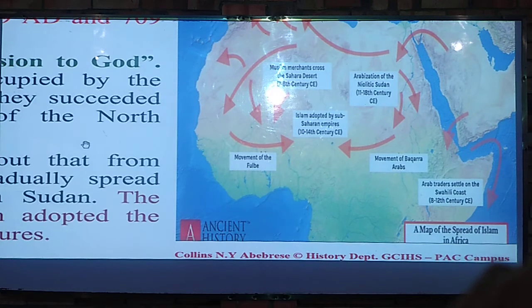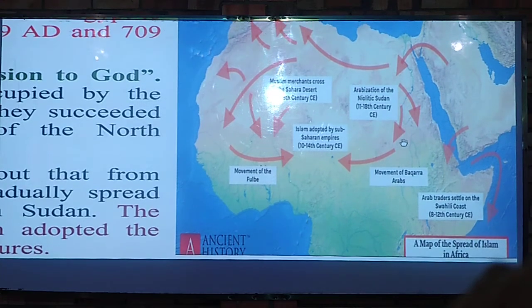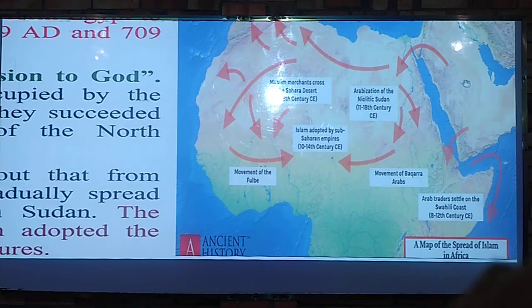Okay, so now look at the map over there. You realize that this is Arabia, and we are saying that North Africa was conquered by Saudi Arabia over here. So we have here the Arabization of the Nilotic Sudan.